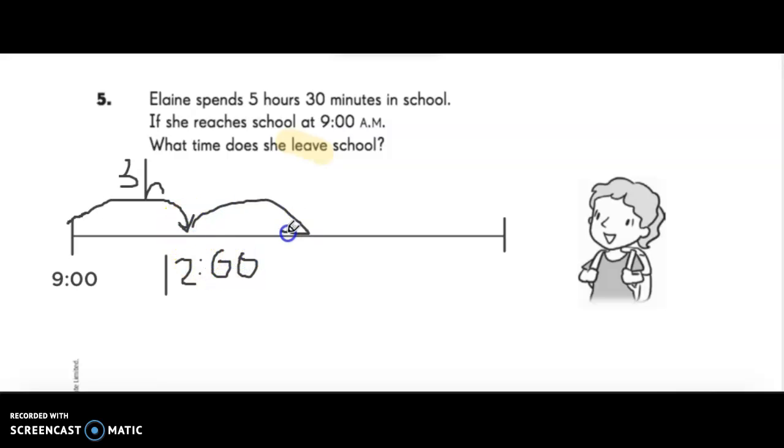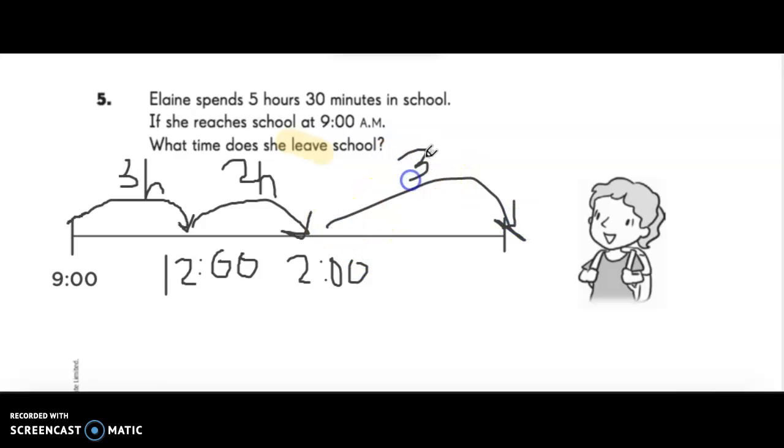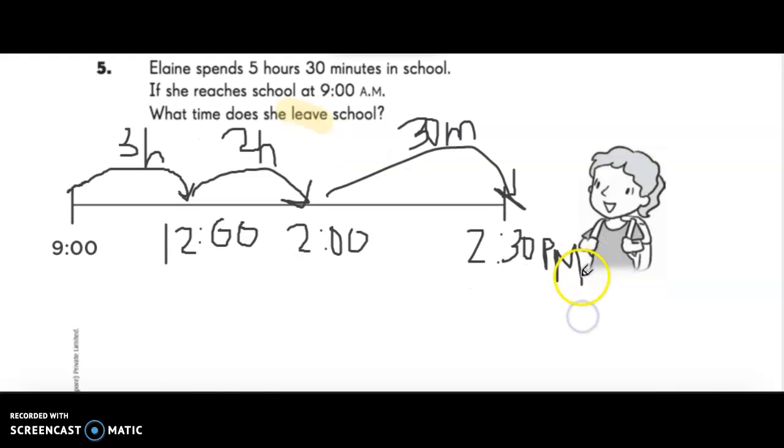And then that means we have to jump an additional 2 hours, which from 12 would be 1, 2. And then finally, we need to jump an additional 30 minutes for how long school is to end at 2:30, and now we started at 9 a.m. We passed 12 o'clock, so this is going to change AM to PM.